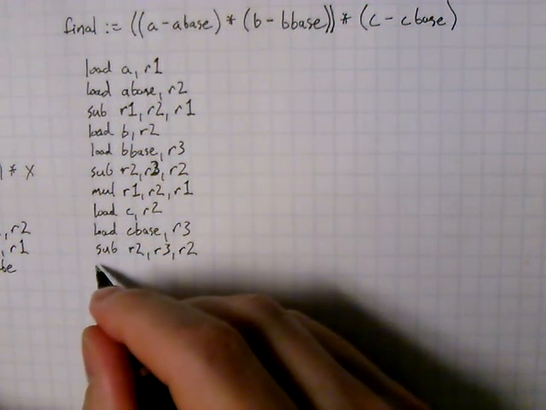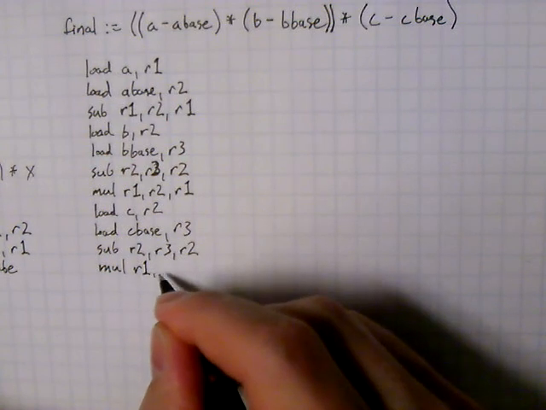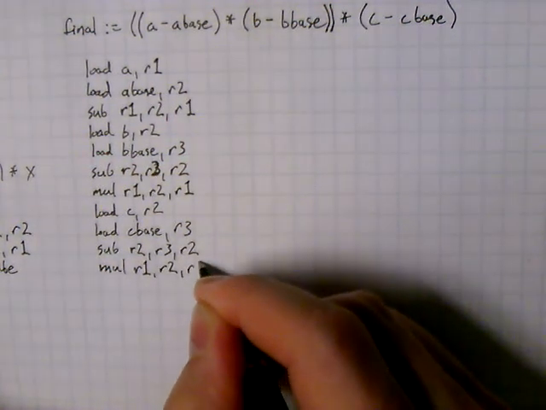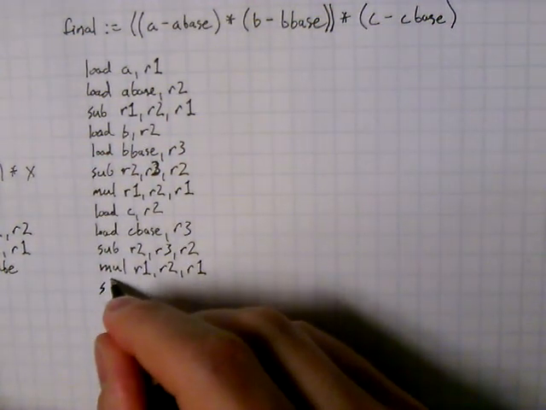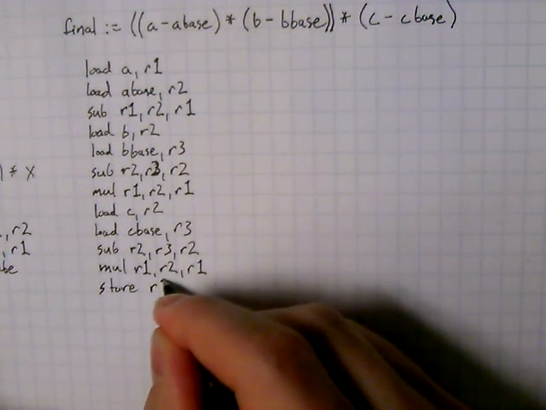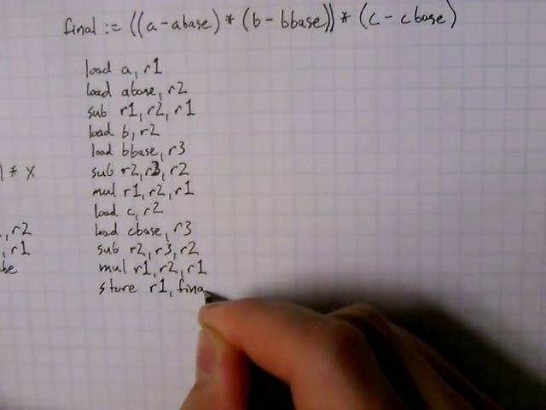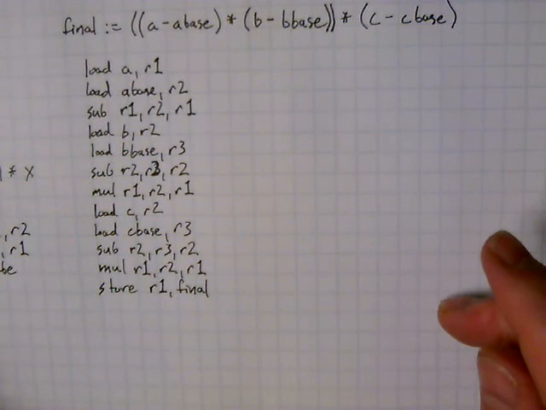And then we need to do the final multiplication, which is R1 by R2, store that to R1, and then we can store the overall value at R1 into the address for final. And that completes that translation.